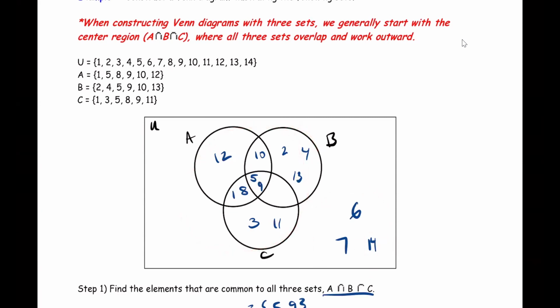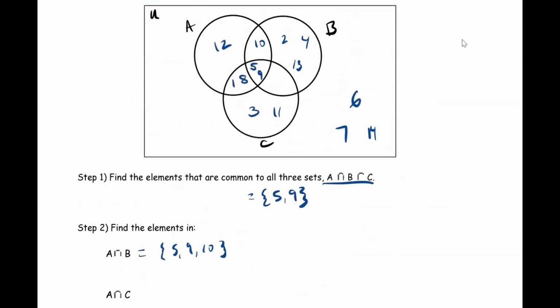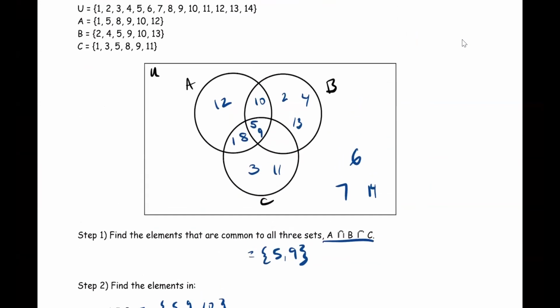All right, looks like we finally finished the Venn diagram. So just to recap, you always want to start with what they all have in common, and then work your way out to A and B, A and C, B and C, and then you can focus on just A, just B, just C, and then the last thing is the universal set.